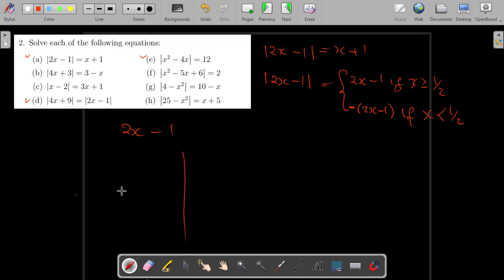On the xy plane, when y is 0, x is half. When x is 0, y is -1. So you'd have a graph passing through those two points.